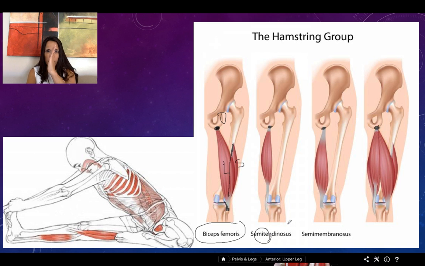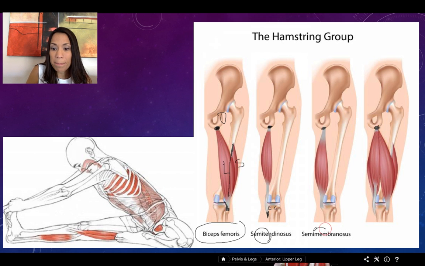This is the one located in between biceps femoris and semimembranosus. Again, origin in the ischial tuberosity and the insertion is right inferior to the tibial condyle. These are the tibial condyles, so right inferior or distal to the medial tibial condyle.